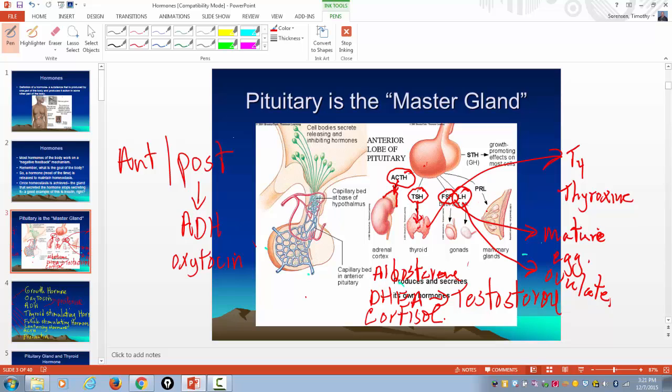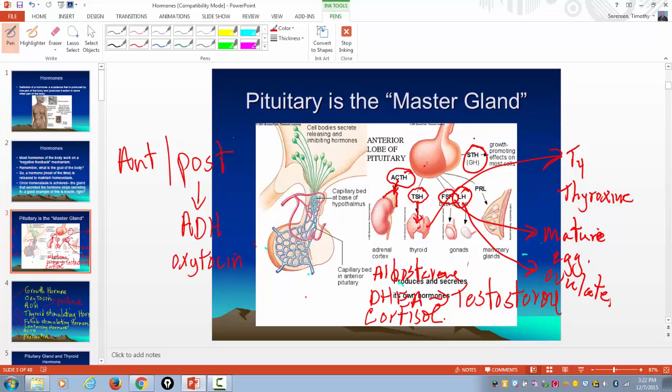Prolactin tells you to begin to produce and let down milk. So once the kid pops out, you're ready to feed him. Growth hormone, as the name implies, makes you grow and increases protein synthesis all over the body.